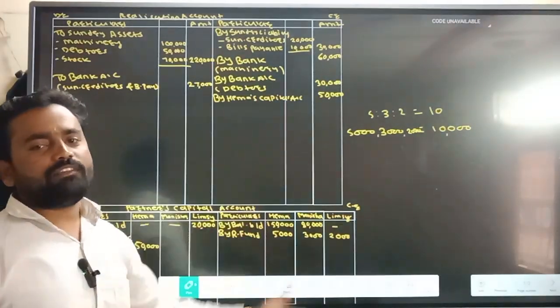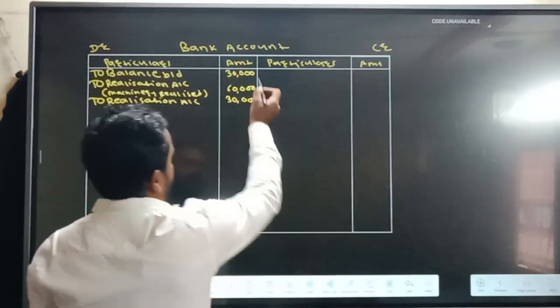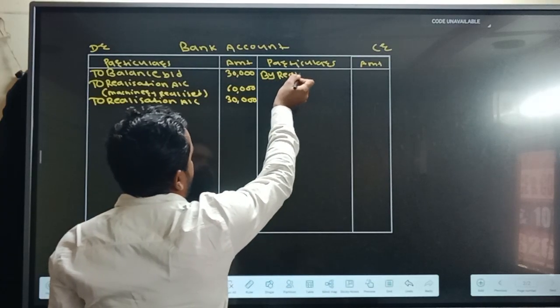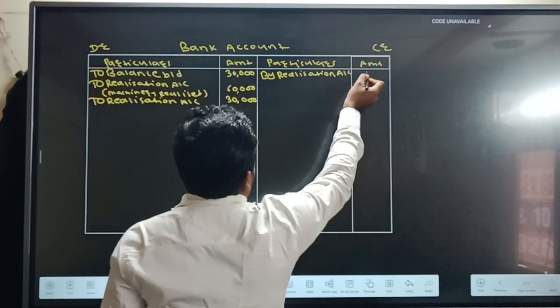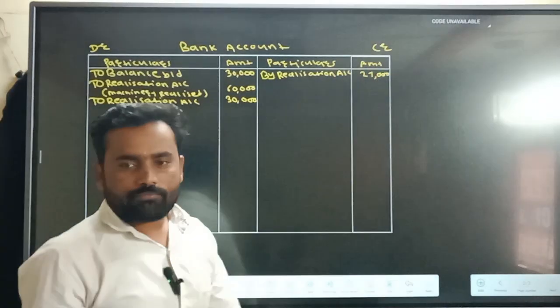Second effect will be credit side to bank account by realization account. Realization account, amount 27,000. Okay.